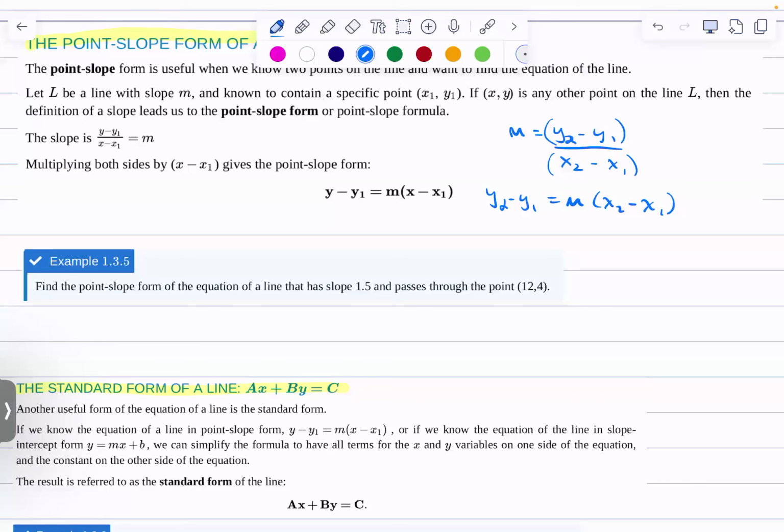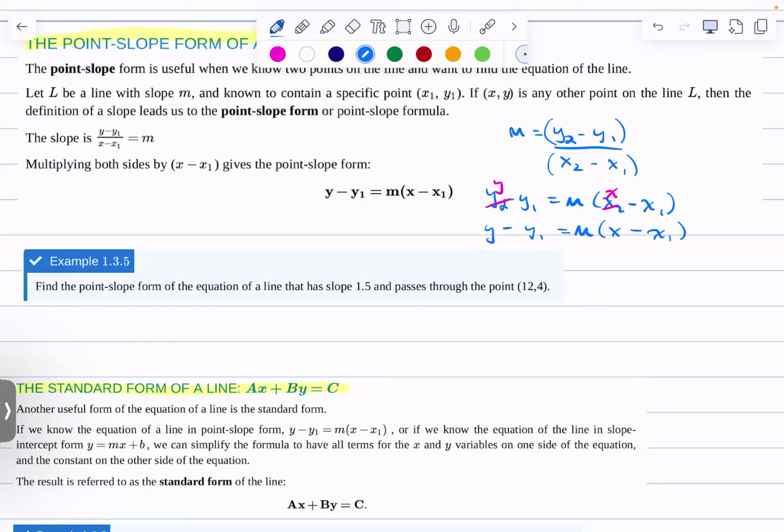So this is going to be replaced with just an x, and this is going to be replaced with just a y, making room for any xy combination on the line. So then you get y minus y1 is m times x minus x1.